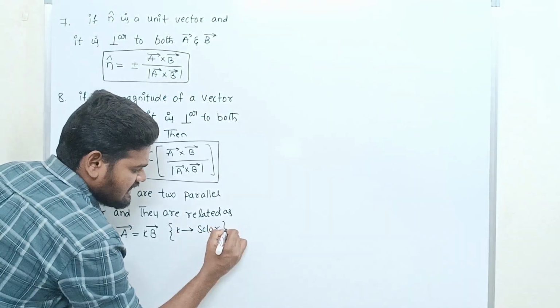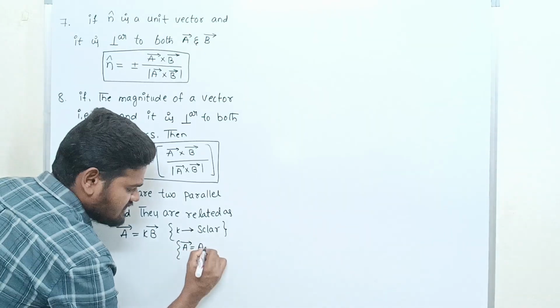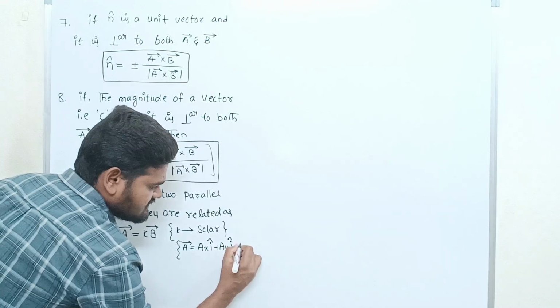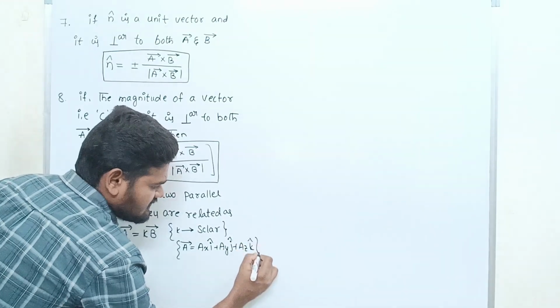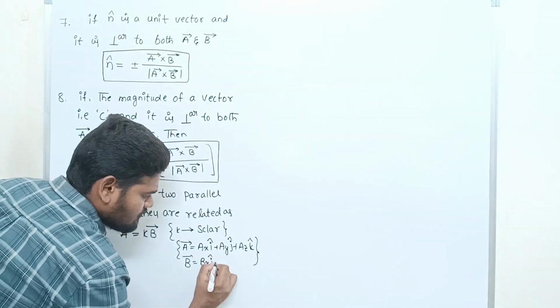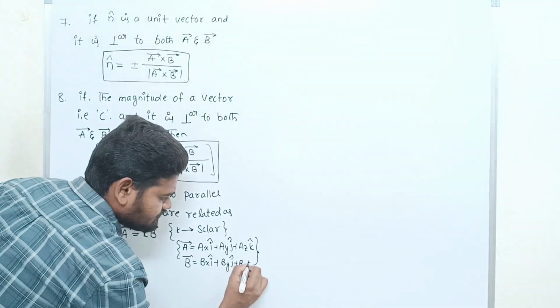Okay, now it is a scalar quantity. So as we know, the general form of A bar vector is Ax i cap plus Ay j cap plus Az k cap, and the general form of B bar vector is Bx i cap plus By j cap plus Bz k cap.